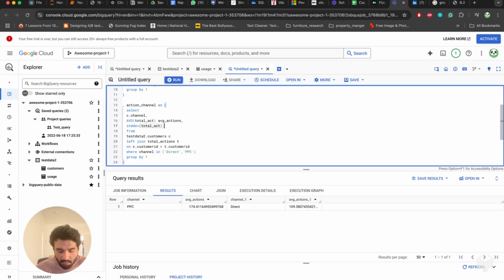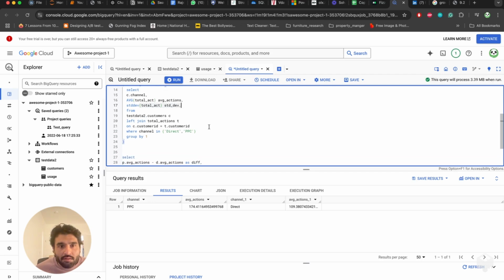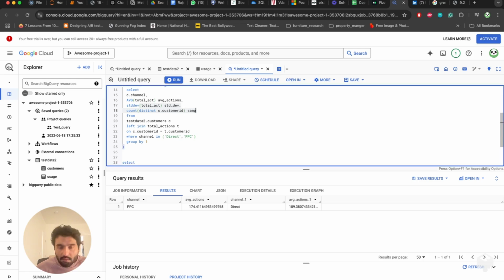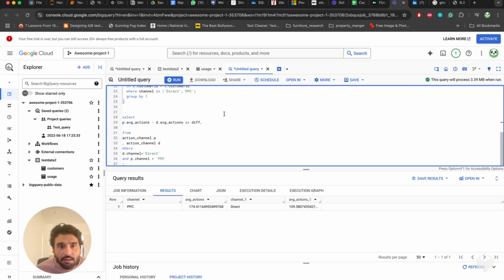So basically this is your standard dev. Now you have standard dev, and then we need the sample size. So you can do a count distinct c dot customer ID as your samples. So now you have standard deviation and samples.